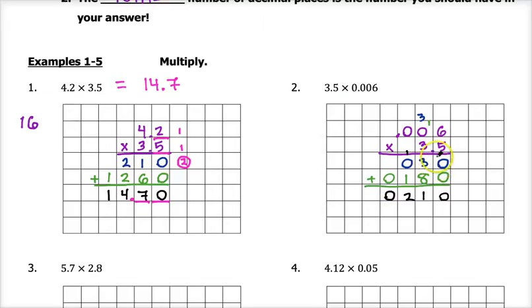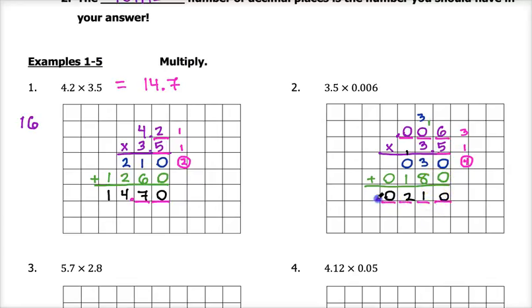Let's count the number of decimal places we had in our factors. In 0.006, we had 1, 2, 3 decimal places to the right of the decimal point. Here we had 1. So we have a total of 4 decimal places we need after the point in our answer. So here's 1, 2, 3, and 4.